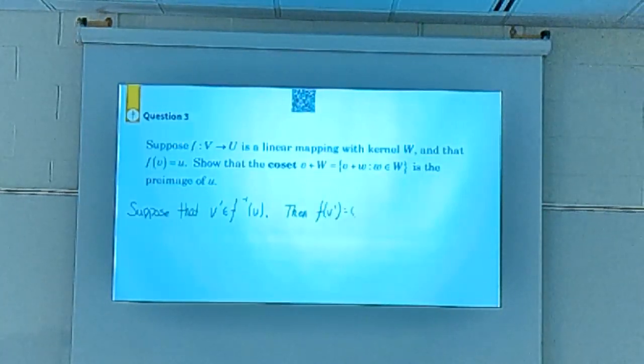Well, that means by definition that u has to be the image of v prime under f. Our goal is to show that v prime has to be in the coset.